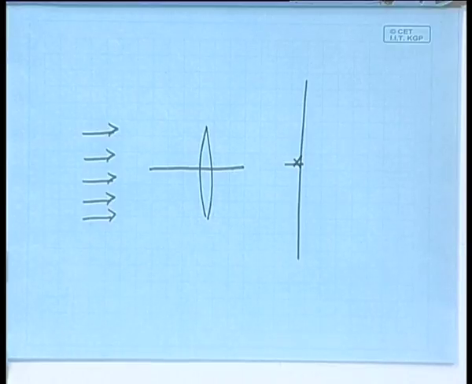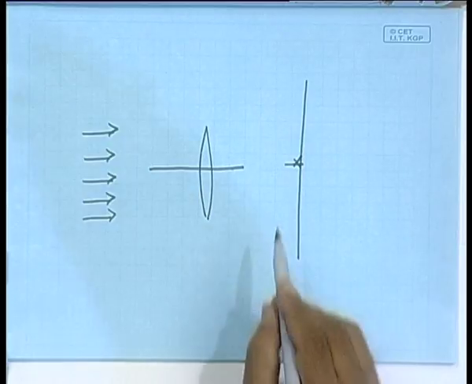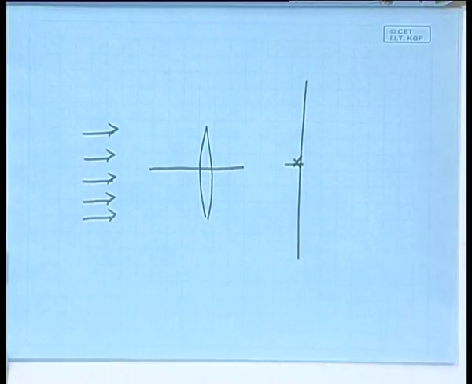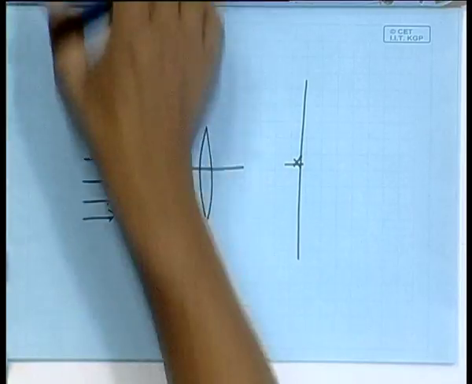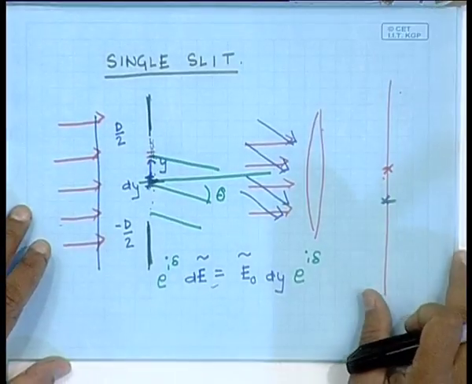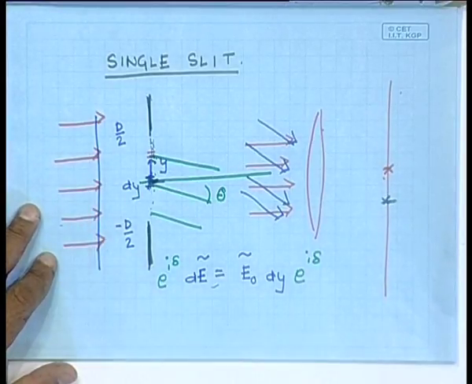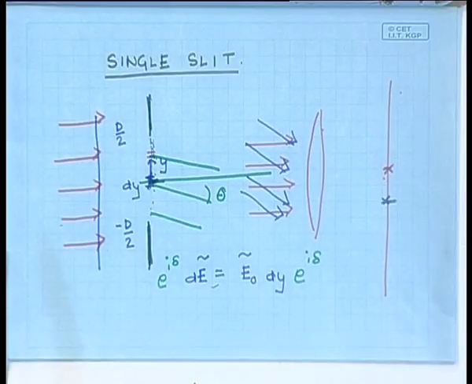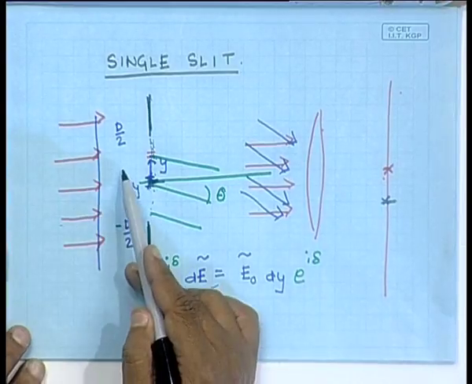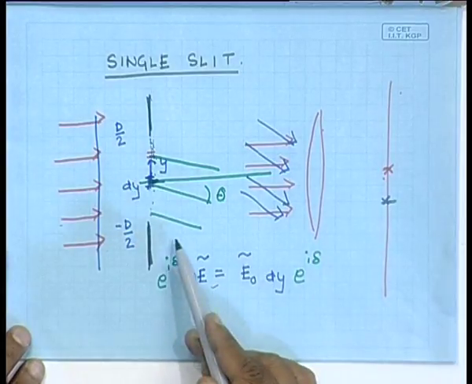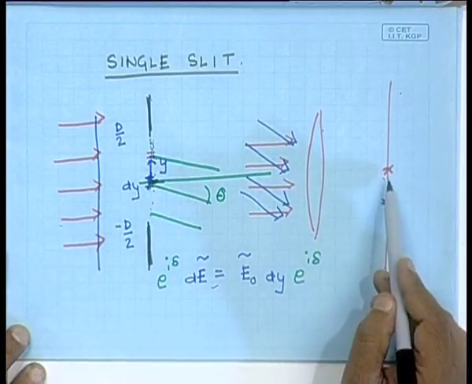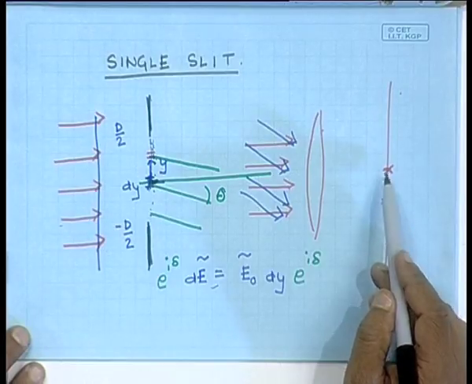So, in this case, what you expect to see is that you will get a spot at the center of the screen. This is exactly the same situation. You have a plane wave which is incident, and naively you would think that a part of the plane wave would go through, fall on this lens, and you would get a spot at the center.